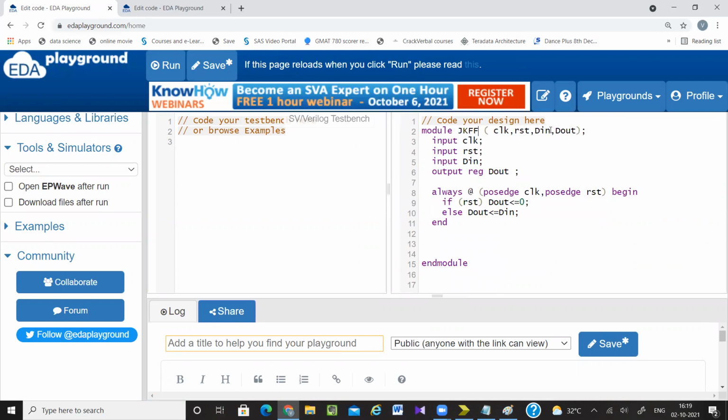So here input will be J and K. So register, let's just write output equal to Q. Let me take output Q and Q bar.